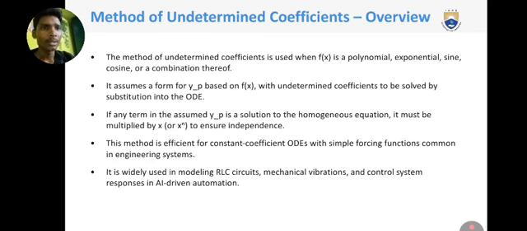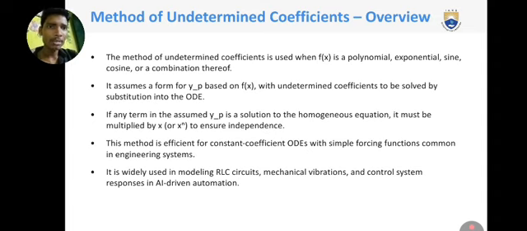Method of undetermined coefficients overview. The method of undetermined coefficients is used when f of x is a polynomial, exponential, sine, cosine, or a combination thereof.